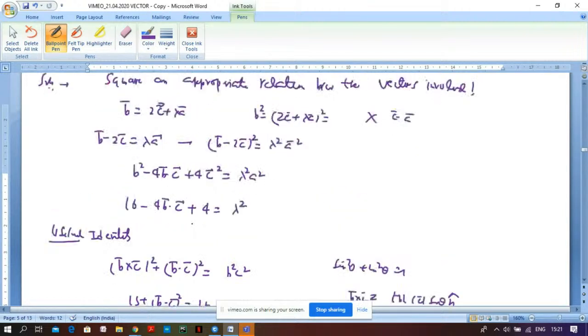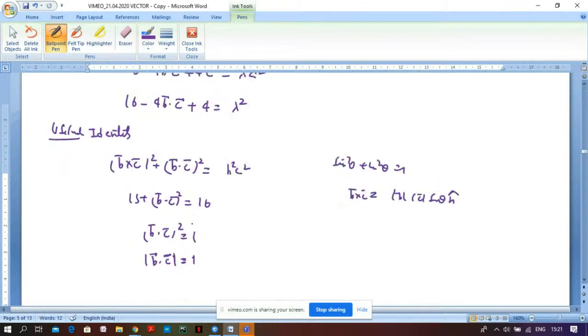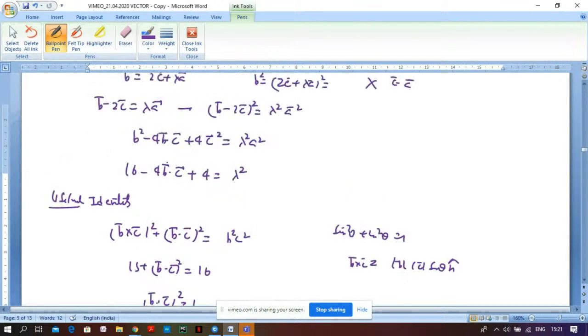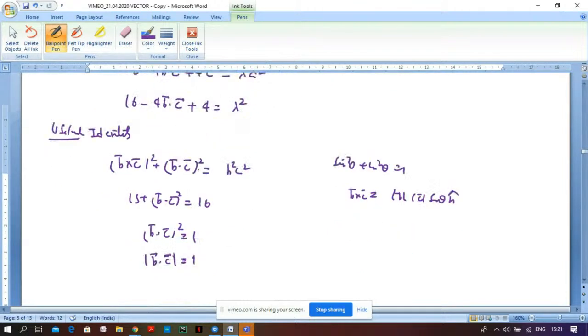Now if you come here, we got b dot c directly. And then of course we know that this is either 1 or -1, because b dot c square is a number. So we will take b dot c equal to 1, because given that the angle between b and c is acute, of course b dot c must be positive.